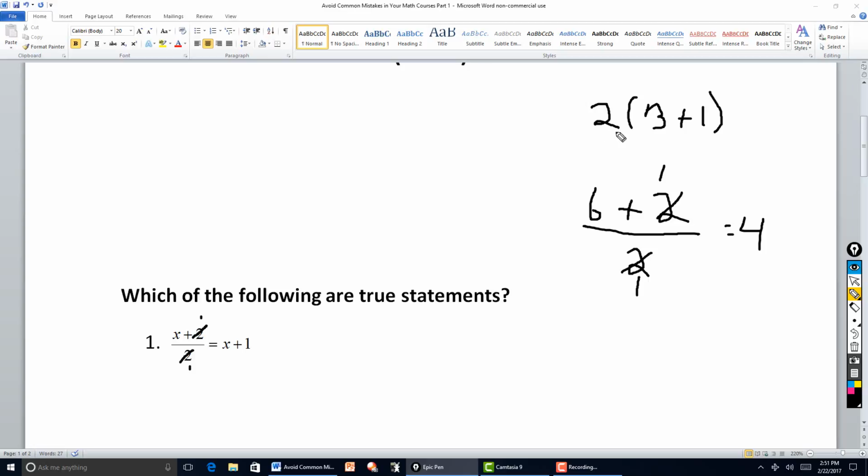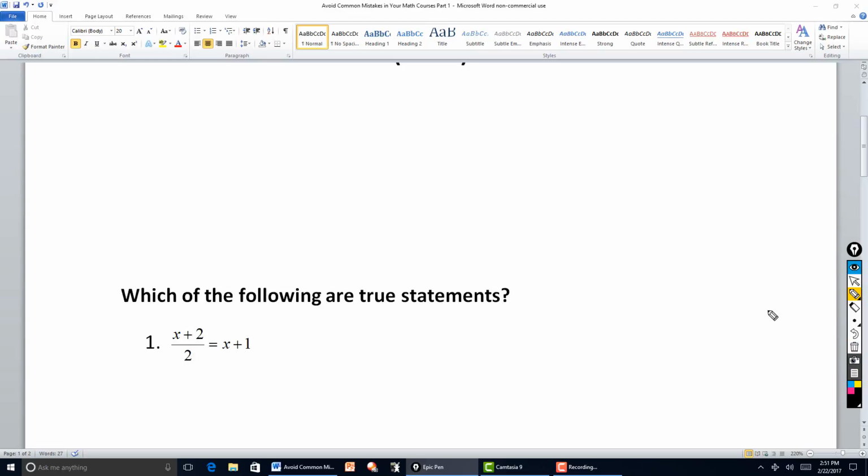Now if I have the 2 on top of the numerator, I have a product here, so I can cancel these out. Those divide out. These are 3 plus 1, which is equal to 4. So you can do cancellation if you have an implied product. Don't do it through addition, because those are the mistakes that are made. Okay, so let's cancel this out.